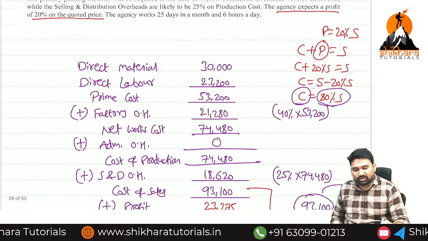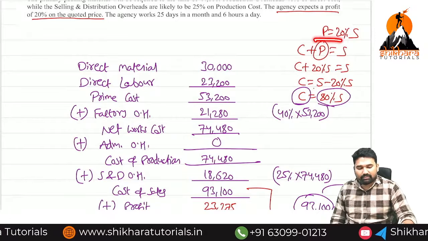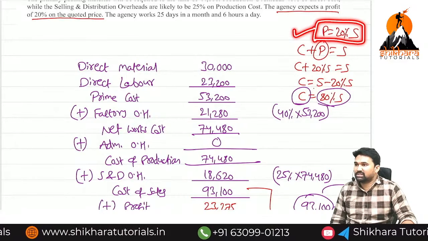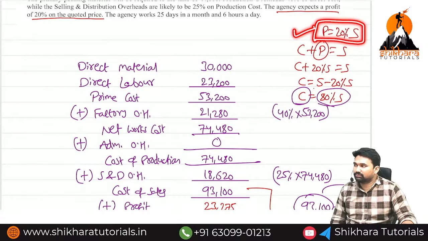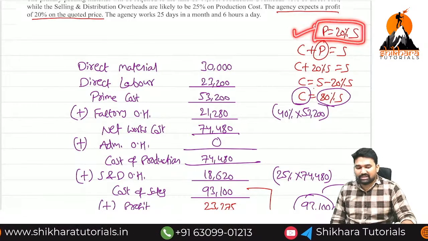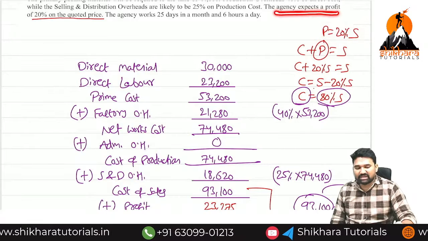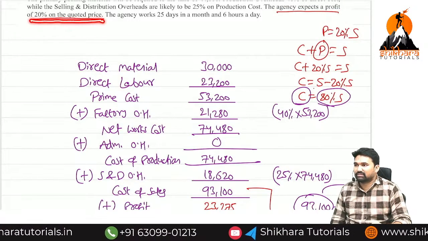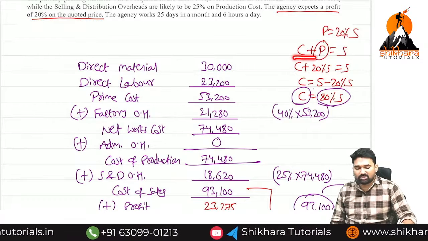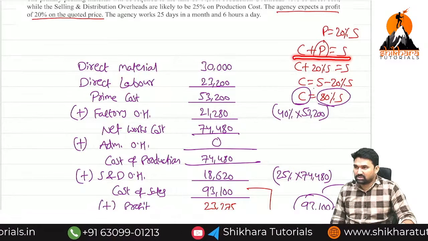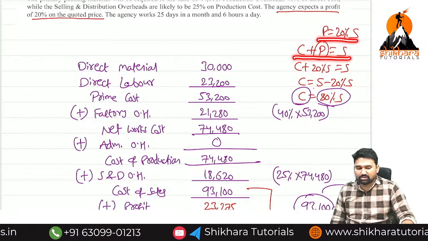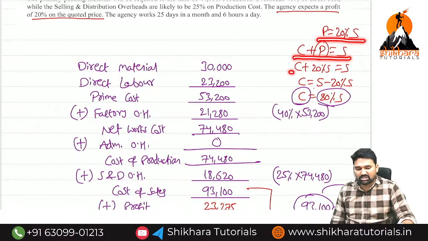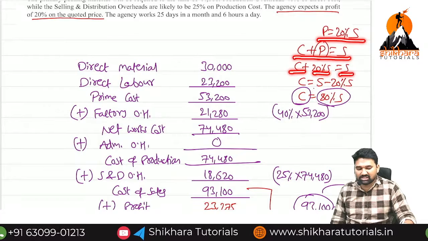Listen, this is very important. Profit expectation is equal to 20% of sales. How do you know? It is given in the question. The agency is expecting a profit of 20% on the quoted price. According to common sense, cost plus profit is equal to sales. Profit is equal to 20% of sales. That means cost plus 20% sales is equal to sales.